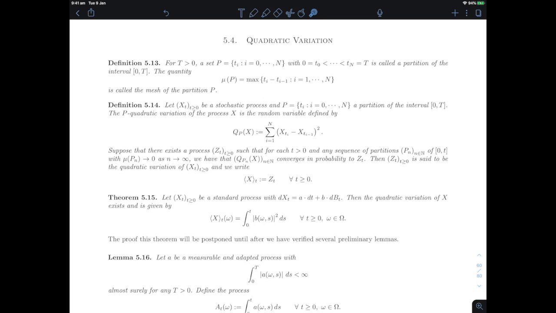But the point is that in Theorem 5.15, we will prove that any standard process does have a well-defined quadratic variation, and the quadratic variation is, well, what we said it would be in our version of the stochastic chain rule, namely the integral from 0 to t of b squared.